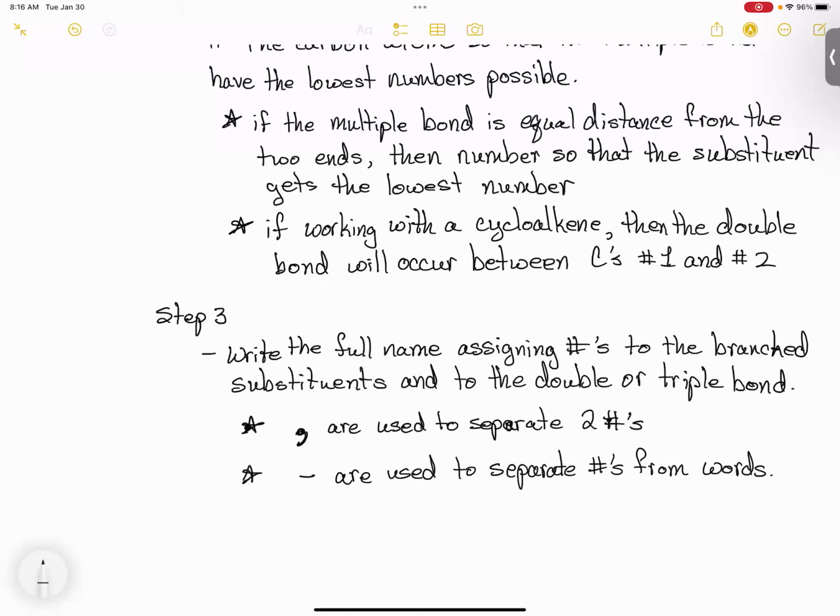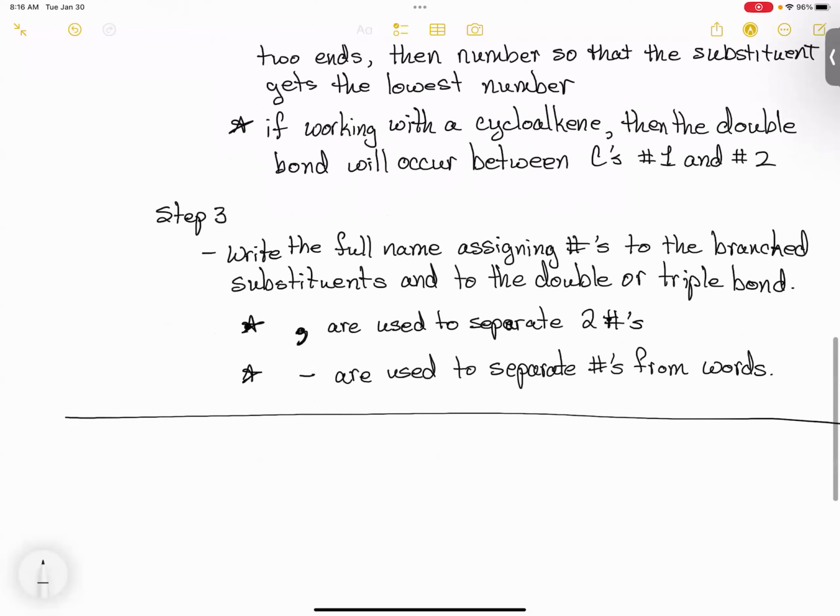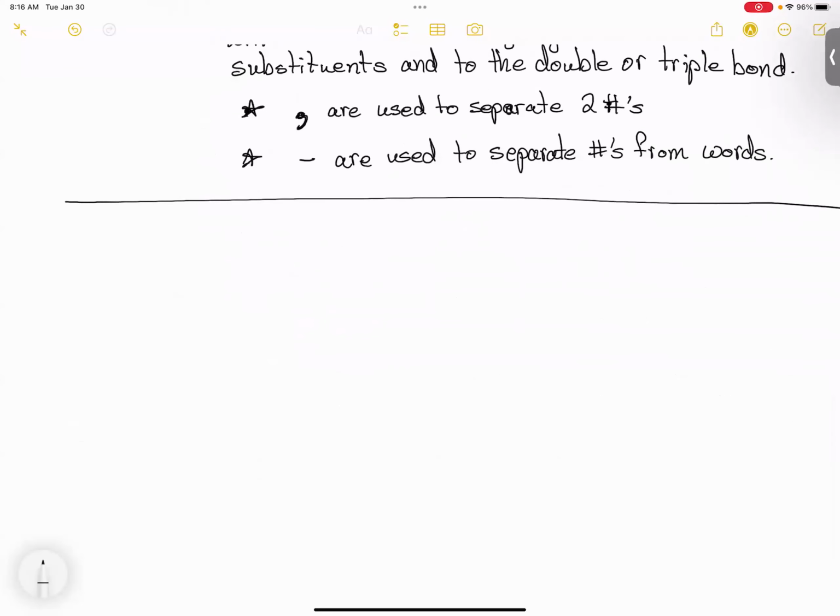Okay, now that we got the steps down, we're going to practice it. So let's take.